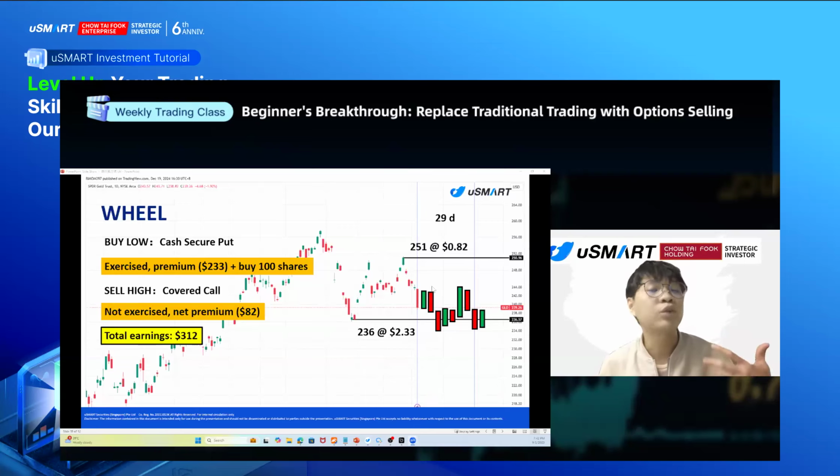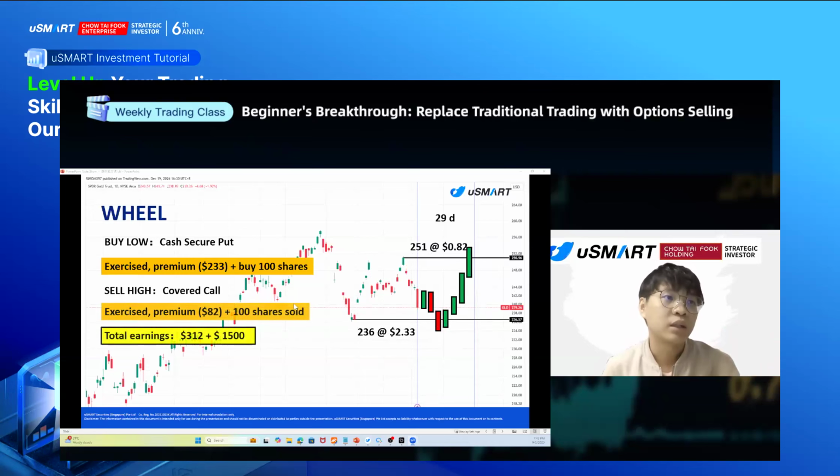So when you're comparing to a normal buy low sell high, you just buy low at 36 and then you sell at 251, and the profit you're able to gain is just the difference in the pricing, whereas if you are doing it with options, you are able to get a premium too.